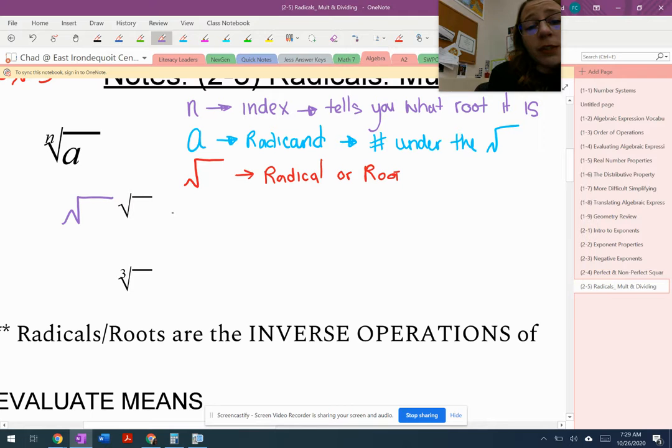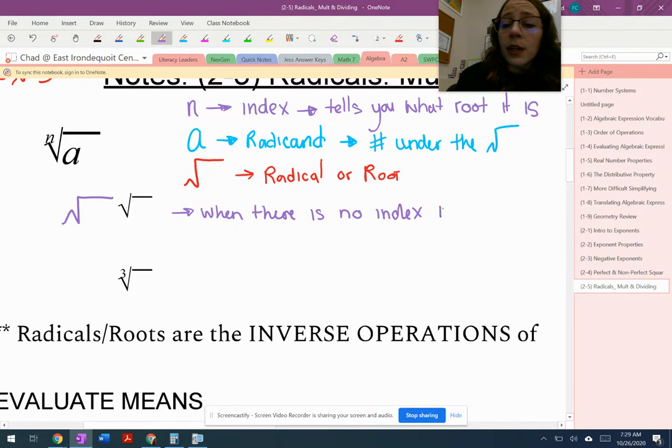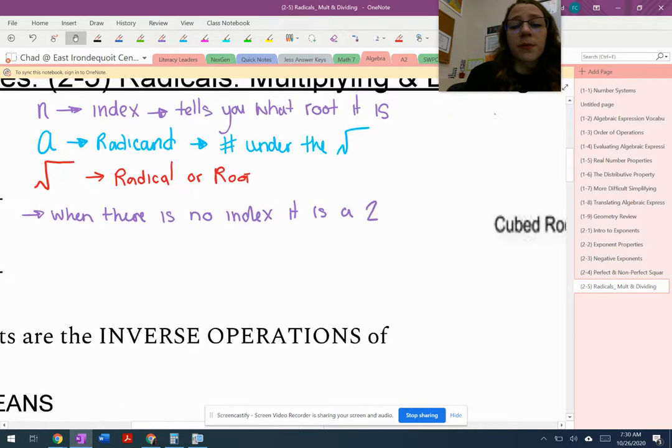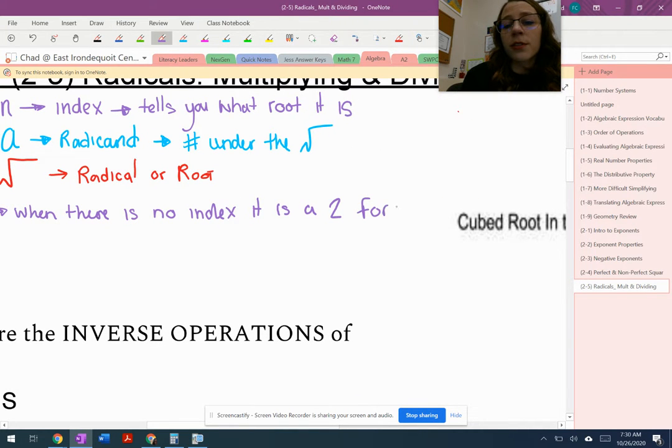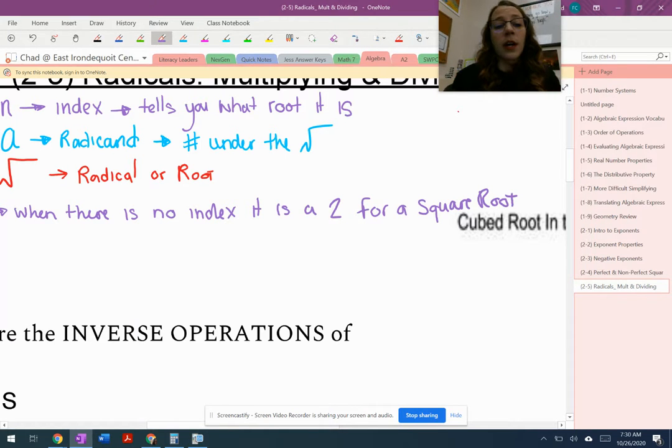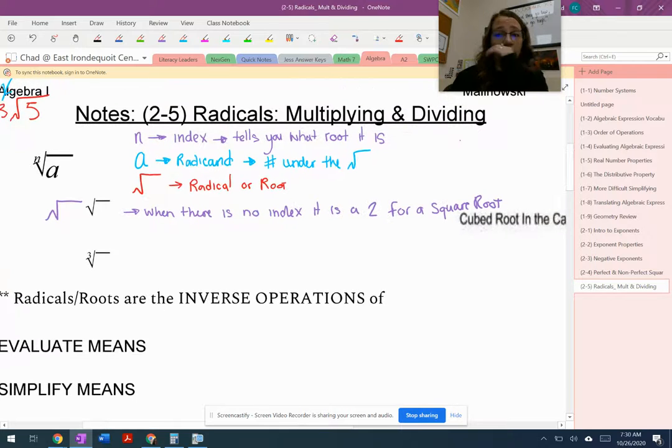We know that when there is no index, it is a 2 for a square root. And that is assumed. We always know that. Whenever there's not a number written for the index, we assume it's a square root. We assume that it is a 2.